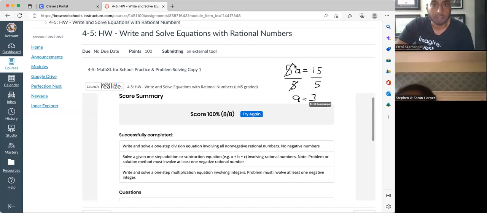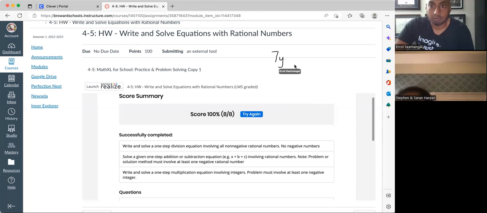Okay, let me give you another one. So how do you solve these? Divide both sides by the coefficient. Okay, another one: 7y equals 28. What does y equal? Follow the rule.